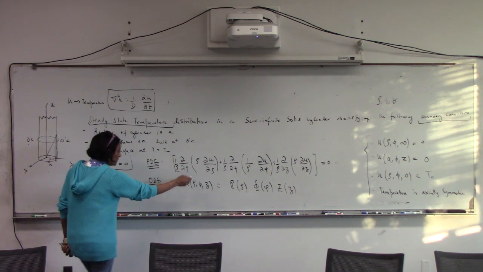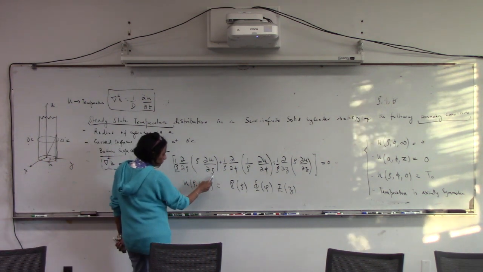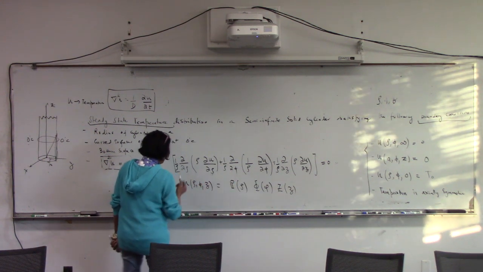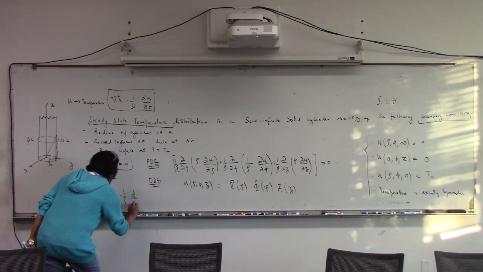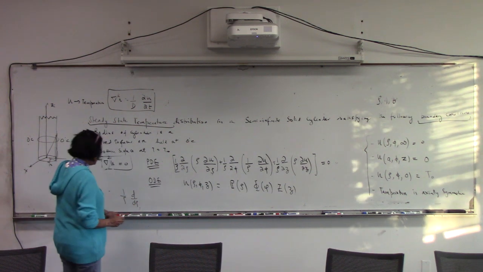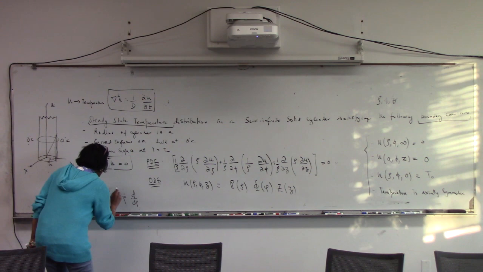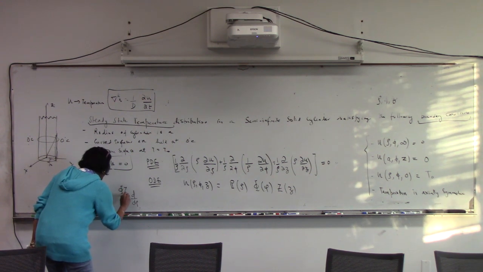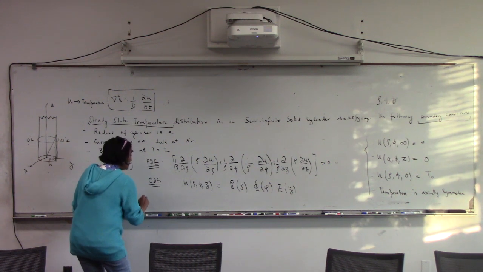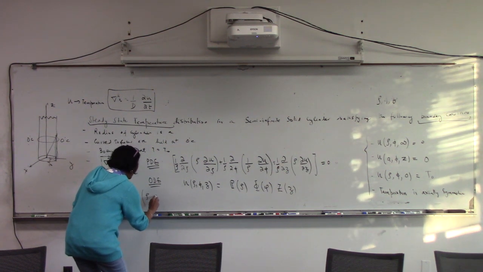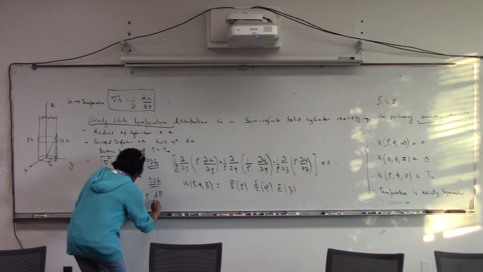So the first term, since it is a function of rho only, phi and Z can be pulled out. So I have 1 over rho, now I'm making that a full differential, and phi Z can be pulled out, rho is in the denominator, and then rho dP over d rho.